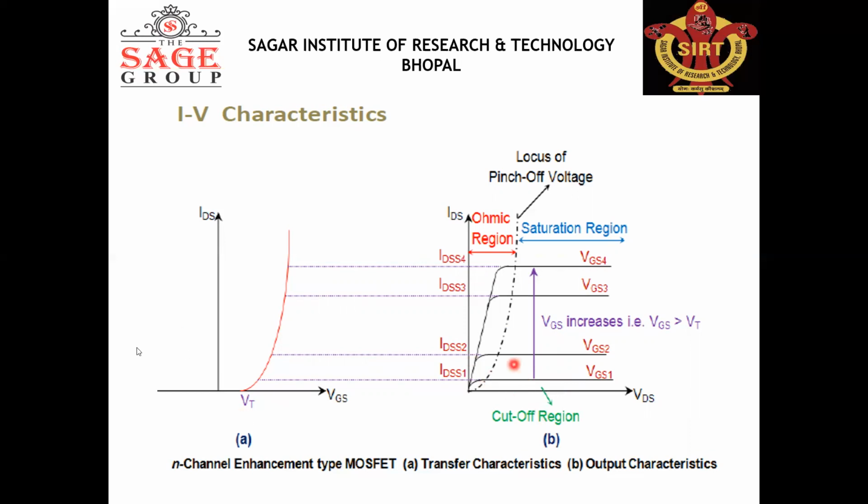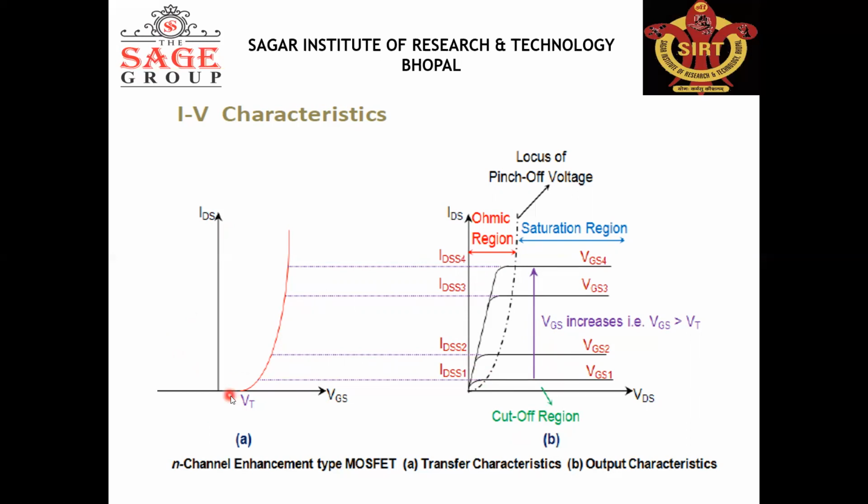This region is known as the drain characteristics or output characteristics, and this is the transfer characteristics, which shows the relation between the gate source voltage and drain current.